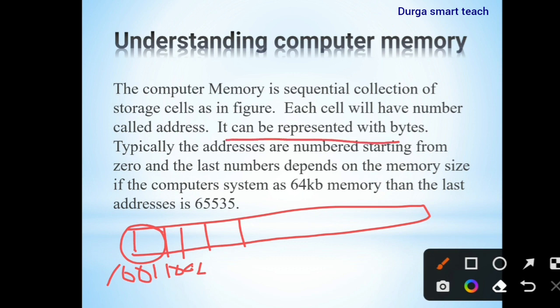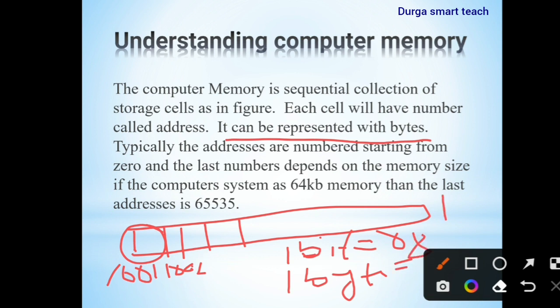It can be represented with bytes. We all know 1 bit is equal to either 0 or 1. 1 byte is equal to 8 bits. Next, 1 nibble is equal to 4 bits. So a cell may be represented with bytes.